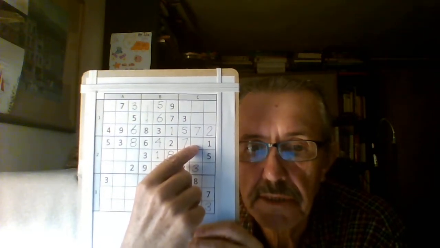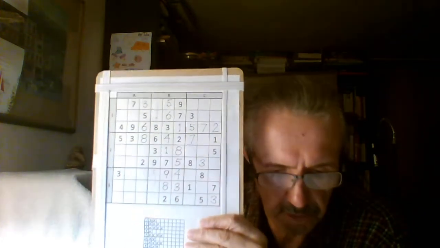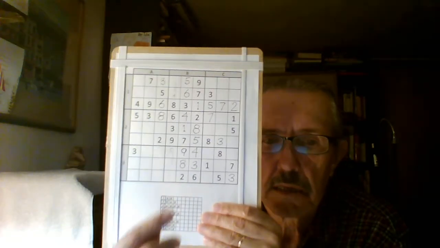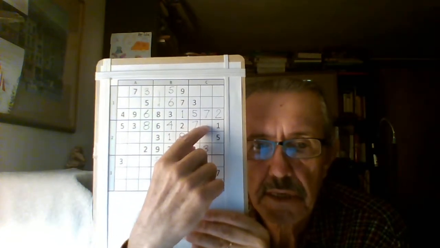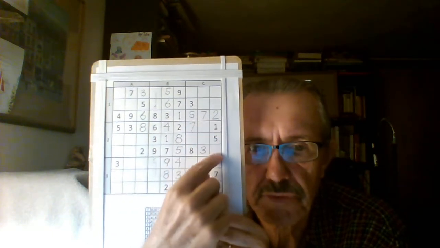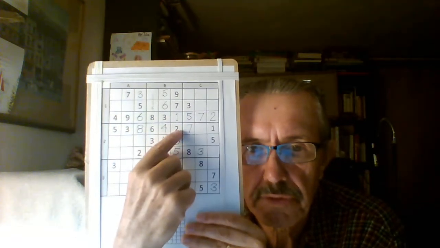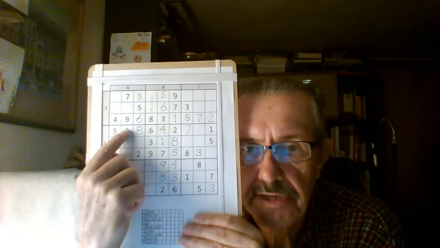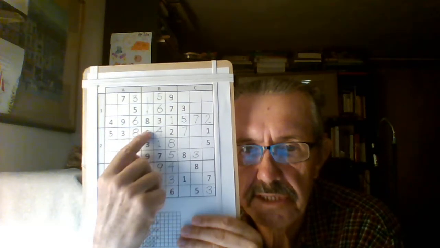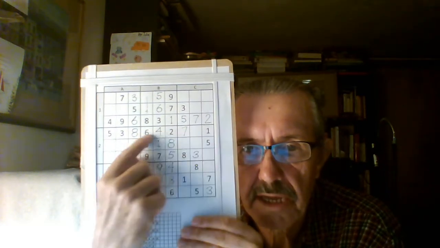It's in this location, and this available space will be for number 9 in square C2. As you see, the 1, 2, 3, 4, 5, 6, 7, 8, only number 9 is missing.